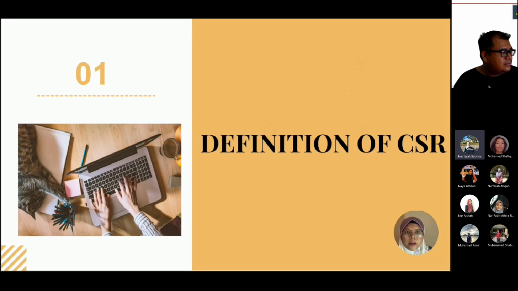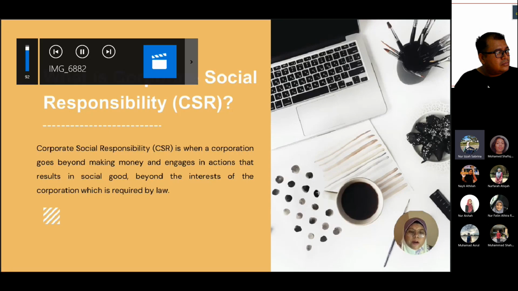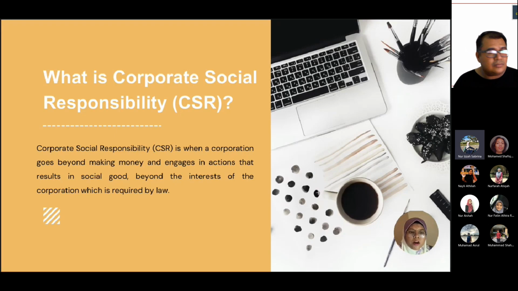Okay, the first one I would like to talk about the definition of corporate social responsibility or CSR. CSR is a form of international private business self-regulation which aim to contribute to social goal of a philanthropic activist or comparable nature by engaging in or supporting volunteering or ethically oriented practice.